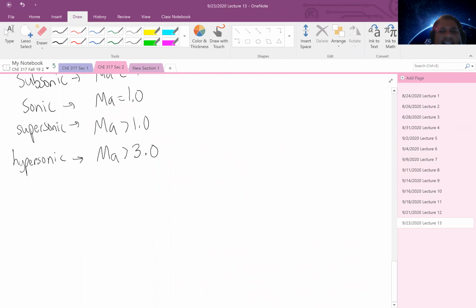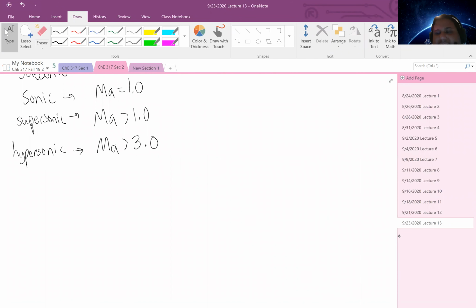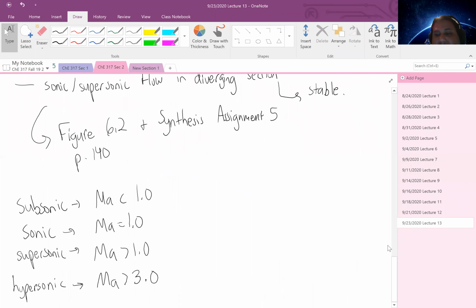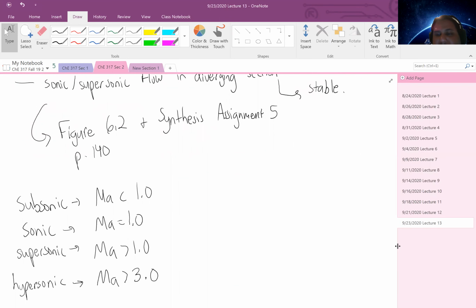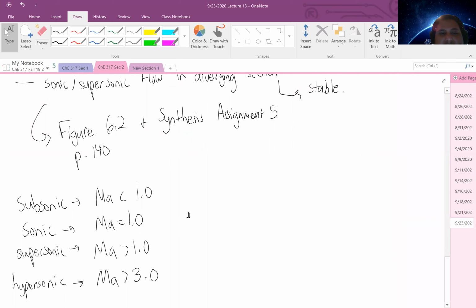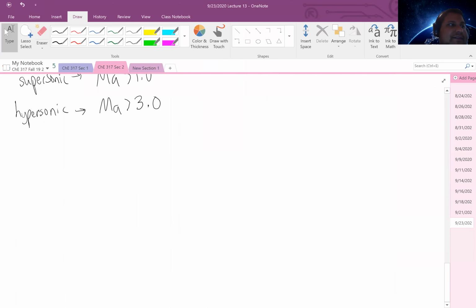All right, so let's dive into an example looking at isentropic flow. But before we do, a couple of expressions that we have to describe isentropic flow.